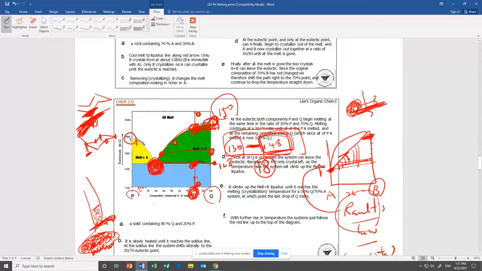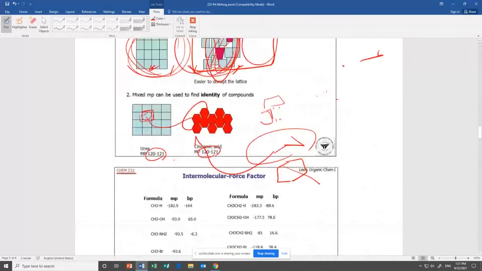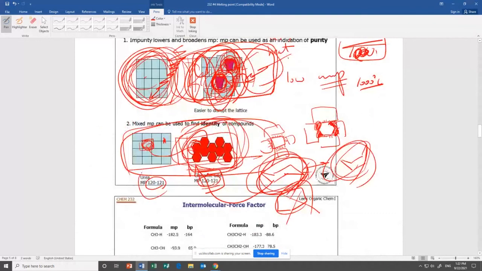Okay? It's not only when you have two different melting points. I told you earlier with this example, even when you have solids with the same melting point, if they are different molecules, they have different shapes and charge distributions, then when you are mixing them, they will not melt the same as if it's the same solid.